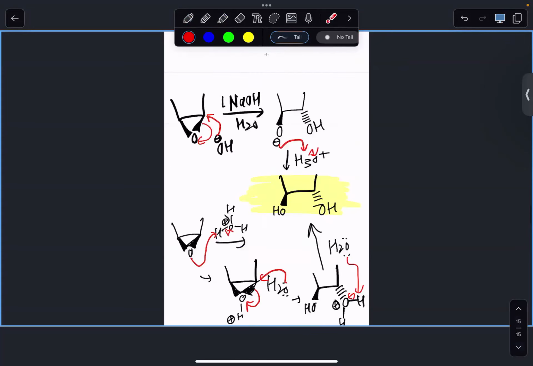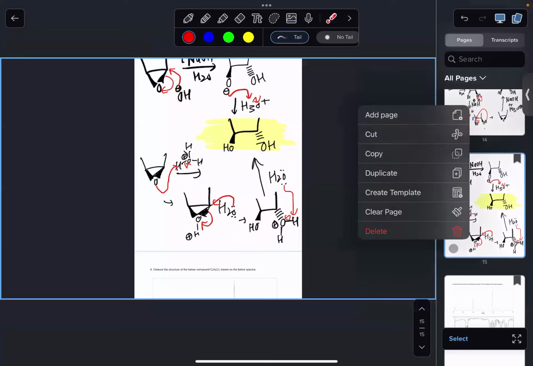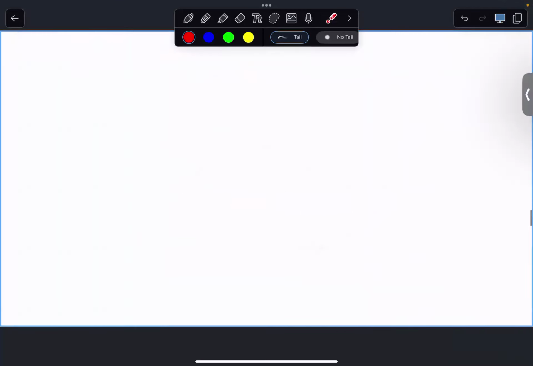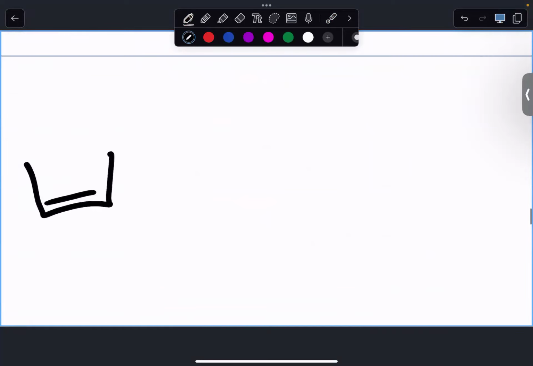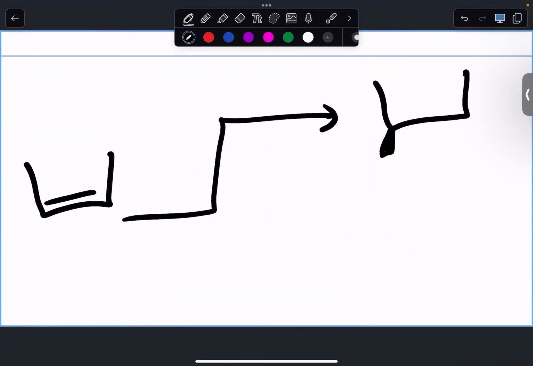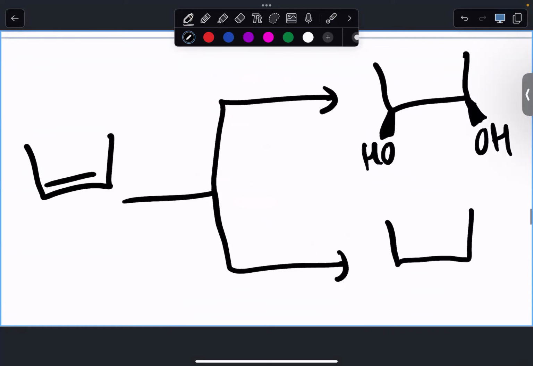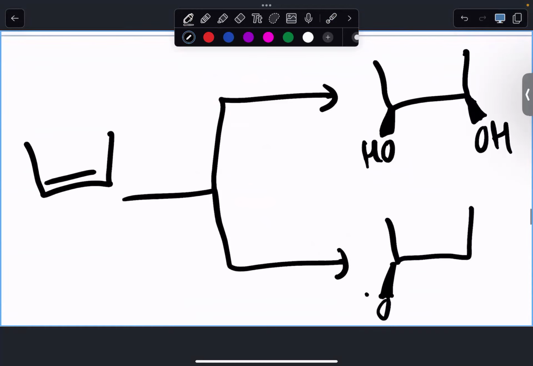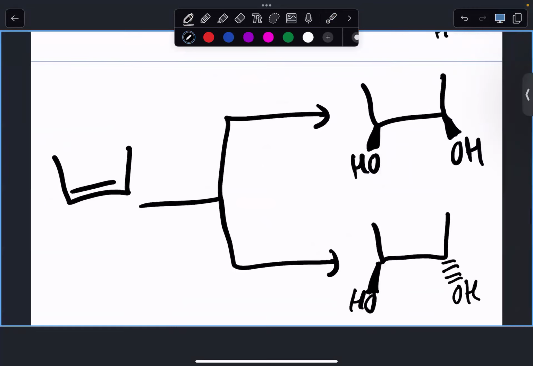So to summarize everything, here's a quick flow chart. Let's say we have a double bond here, and let's say you wanted a cis vicinal diol in synthesis versus if you wanted a trans vicinal diol. The first reaction we went over was osmium tetroxide, which is the new reaction that you guys learned about.